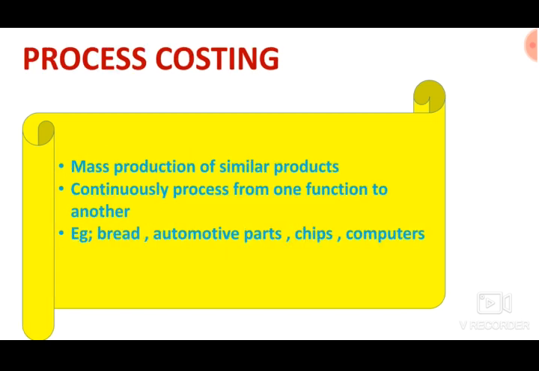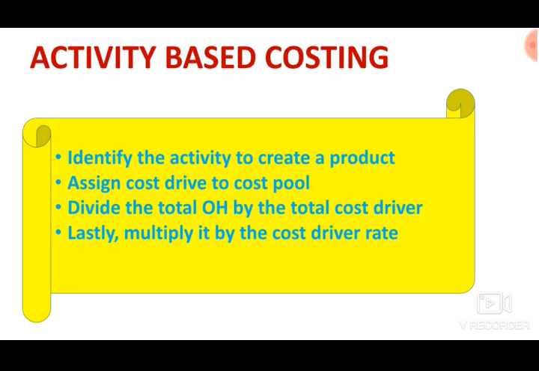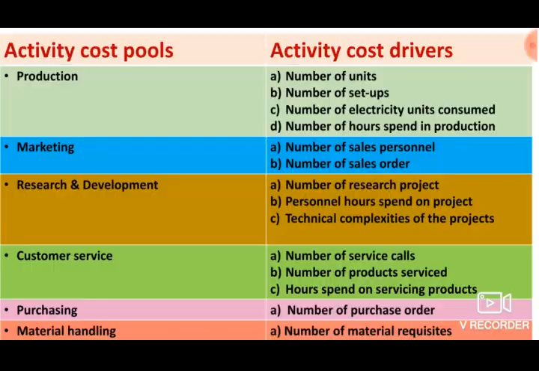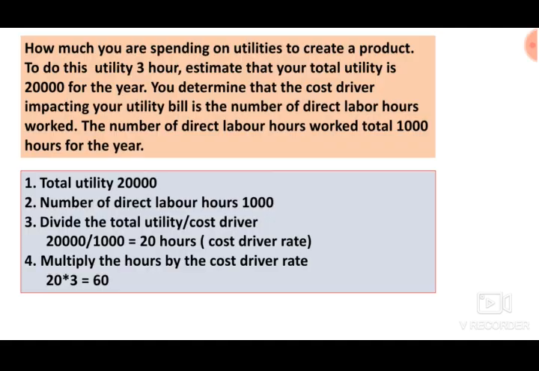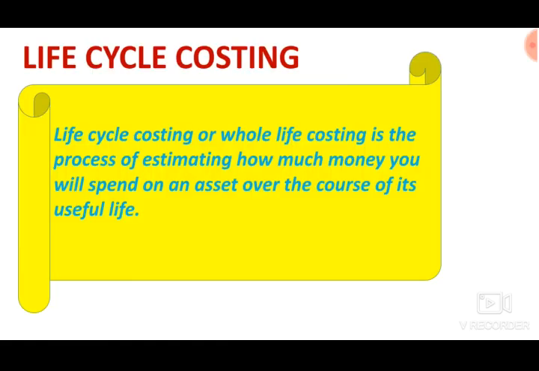Process costing is a continuous process, where you find the cost of mass production of similar products. Then activity based costing is found in different stages on the basis of cost drivers, with an example. And life cycle cost is estimating how much money you will spend on an asset over the course of its useful life.